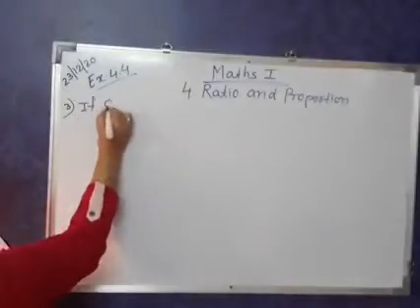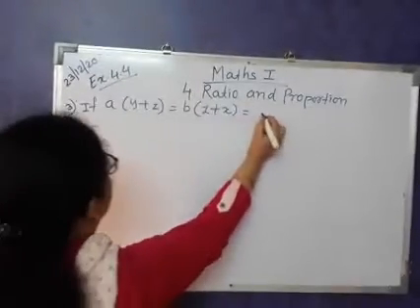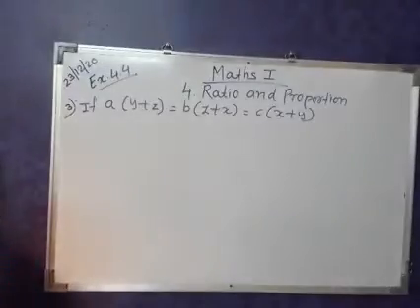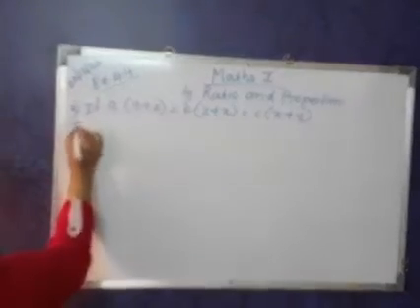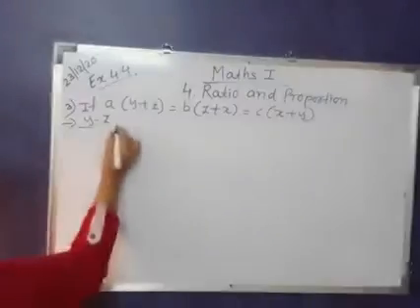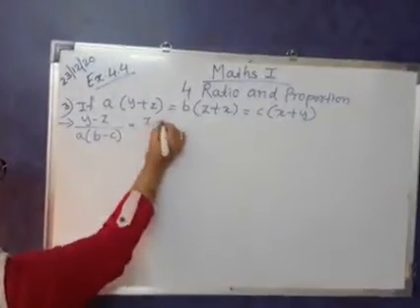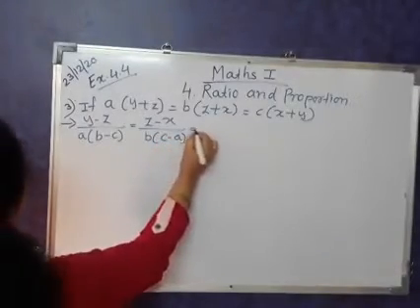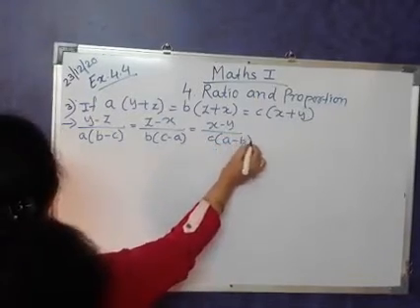If a into (y plus z) is equal to b into (z plus x) is equal to c into (x plus y), and out of a, b and c no two of them are equal, then we have to show that (y minus z) upon a into (b minus c) is equal to (z minus x) upon b into (c minus a) is equal to (x minus y) upon c into (a minus b).